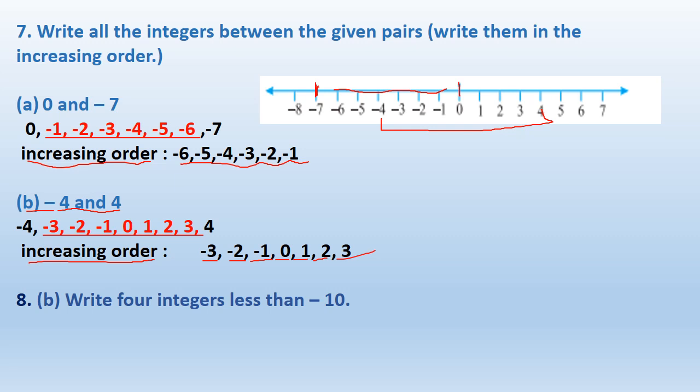So you can observe on the number line that minus 3, minus 2, minus 1, if you are going to the right direction, then we'll get the increasing order. And if the question is to find the decreasing order, then we'll start from here and move to the left hand side. Clear, children?